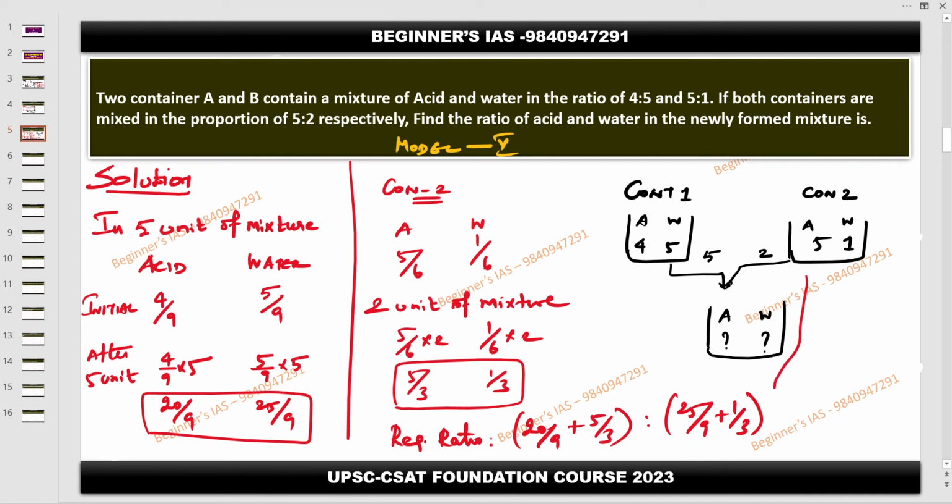So first take the LCM. So what is the LCM here? 9 LCM, right? So therefore 15, then numerator here contains 20, therefore it will become 35. The ratio here, 9 means 25 plus 9, 34.